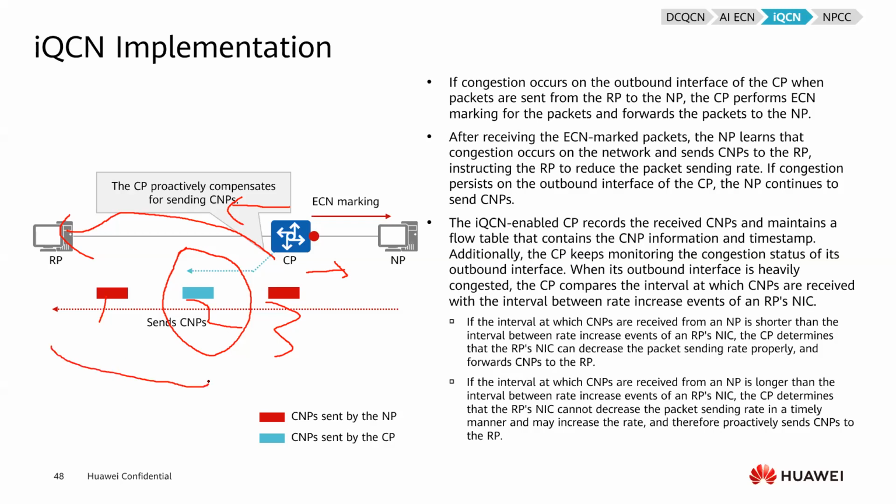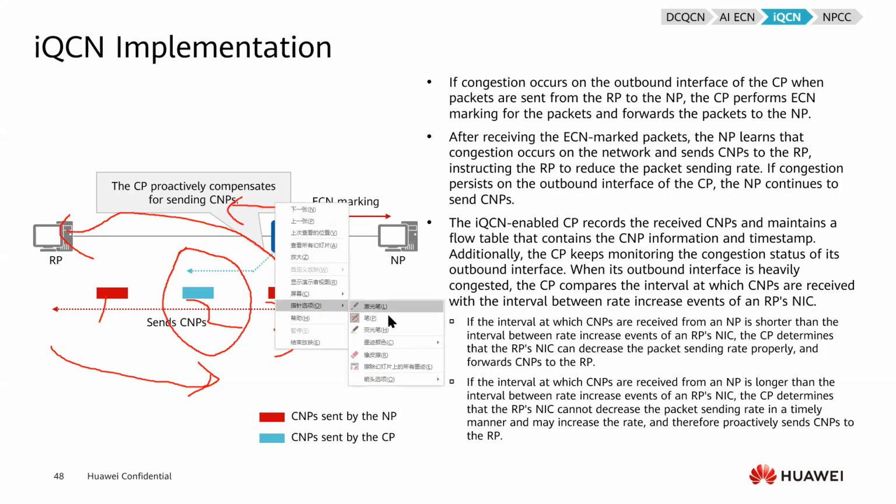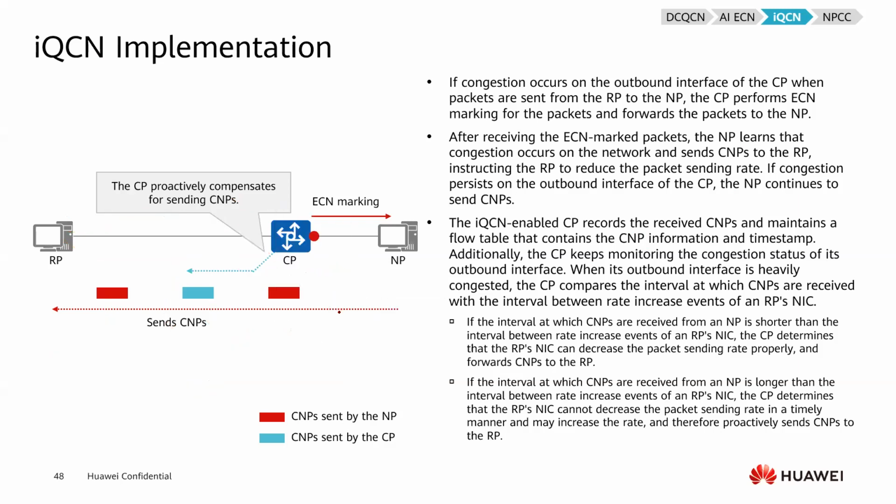Okay. This is the picture of IQCN. Somebody may think of another scenario. If the NP device didn't send any CNP packet, will the CP send CNP packet to RP?